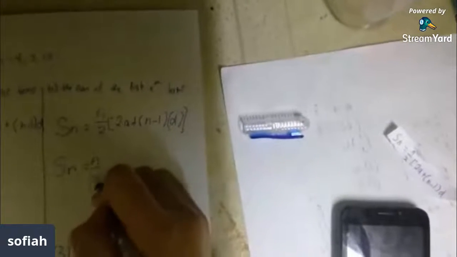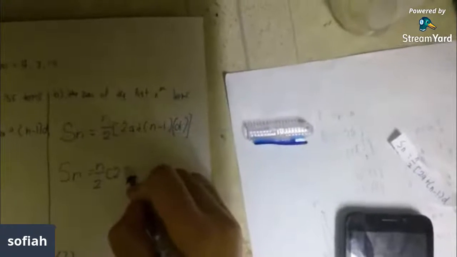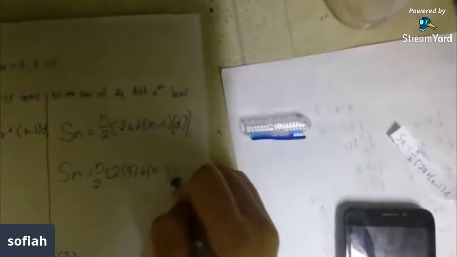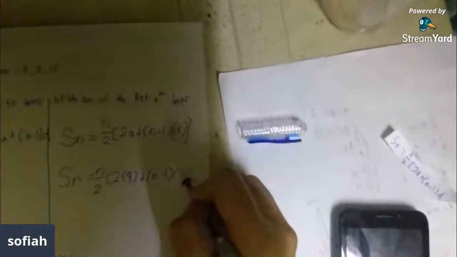Then we need to substitute the value of A and D just like we have done just now, but we don't substitute the value of n. So we will get Sn equals n over 2, first term is 4 plus n minus 1, common difference is 3.